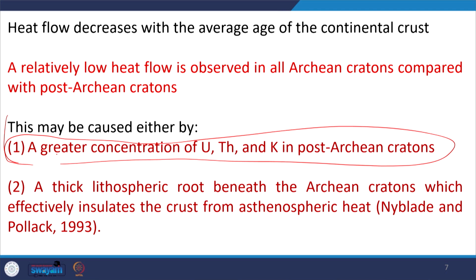That means there is a greater concentration of uranium, thorium and potassium in the post-Archean as compared to the Archean. Because, as we discussed in a few classes before, how this earth evolved: in the Archean time, when the earth was at its initial stage, there was high heat flow and there were convection currents. So, there was a mixture of mafic and felsic content.